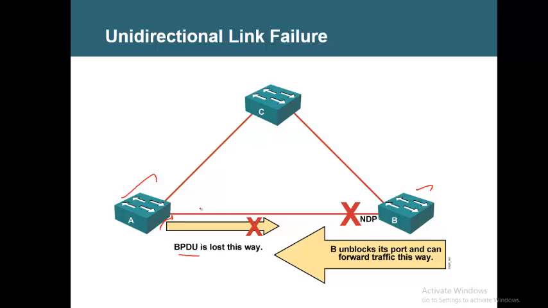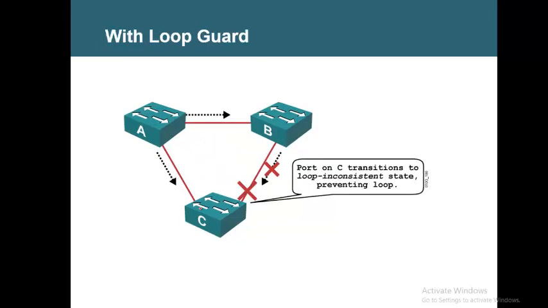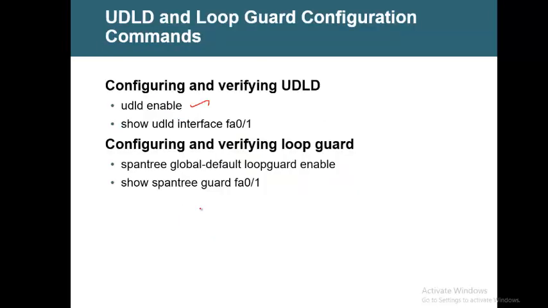If it is a hardware failure, UDLD, unidirectional link failure detection, is the solution. If you have a software failure, where spanning tree failed, the loop can be prevented by enabling loop guard. Loop guard sends special ping messages, and the blocking port will stay blocking as long as the ping is functioning fine.